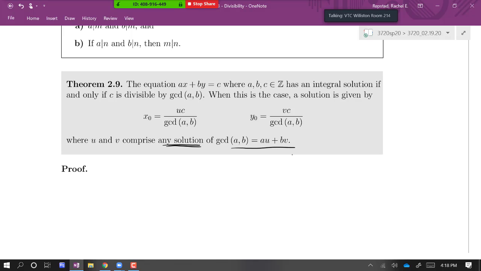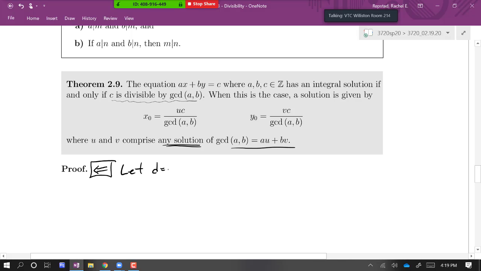So we're going to start with this direction. That means we're going to suppose that C is divisible by the greatest common divisor of A and B. And then we're going to show that the equation has an integral solution.